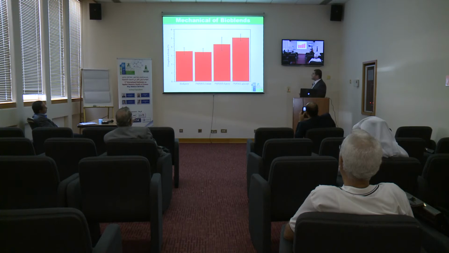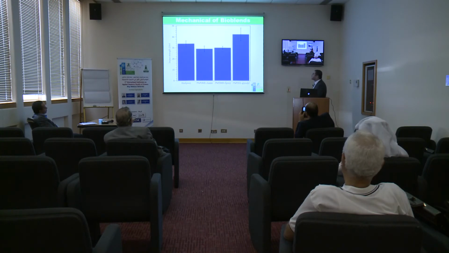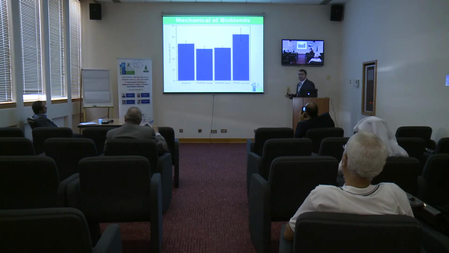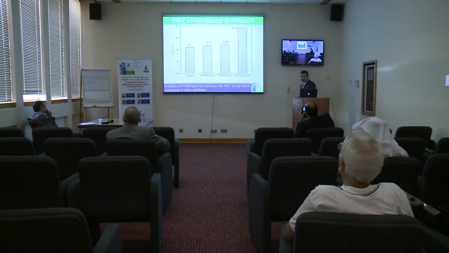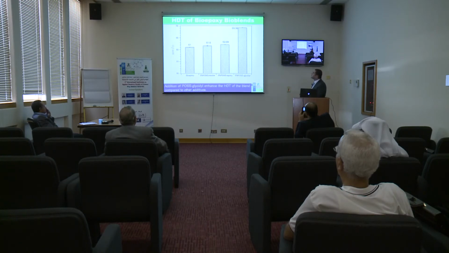But what's interesting is that elongation at break increases using 5% POSS-glycidyl, and impact strength also increases from around 32 to around 42. Each sample was tested around 10 times to get the standard deviation. The heat deflection temperature, which is an important value here, also increases from 61 to around 70 degrees C.